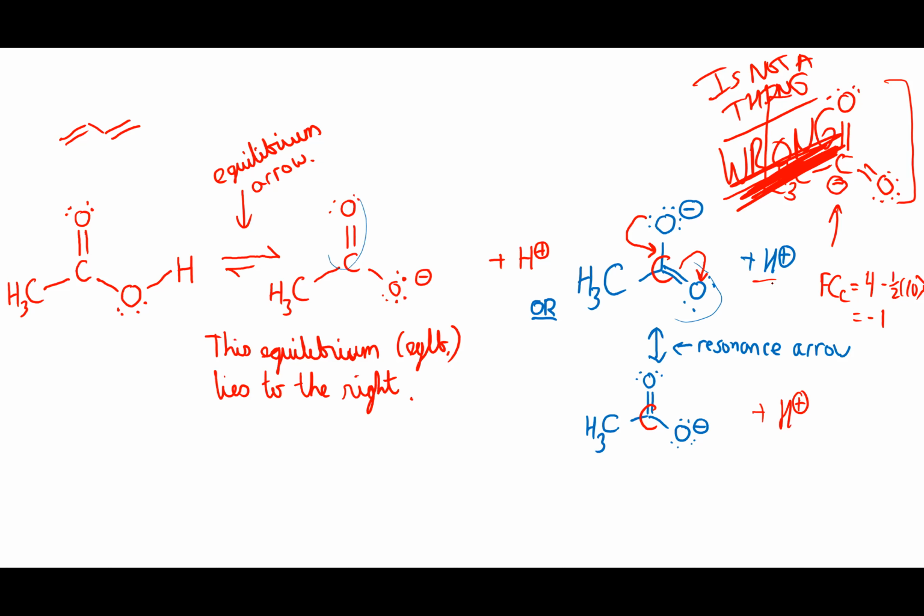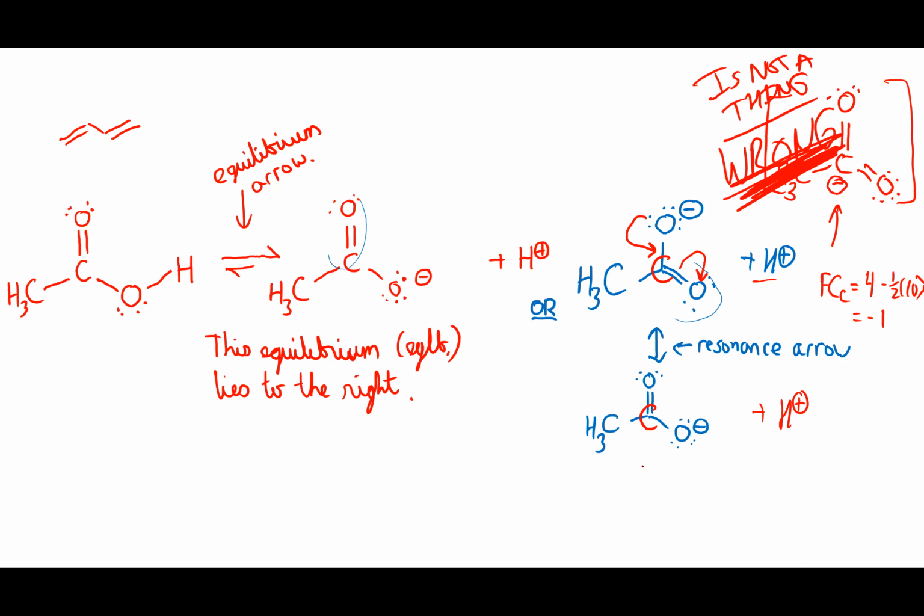And so these 2 molecules are not flipping back and forth between one another. It's not like it's switching real fast. These 2 things are different representations of reality. And together, they merge to make the real structure. So how do we represent that?